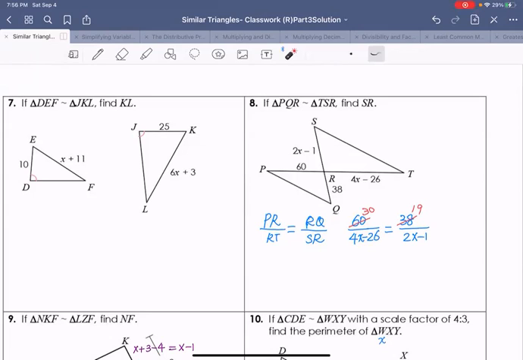Now let's do the cross multiplication. 60x minus 30 is equal to 76x minus 26 times 19. Let's do it this way: 26 times 20 minus 1, in parentheses. So this is 520 minus 26, correct? Yeah, so 494.